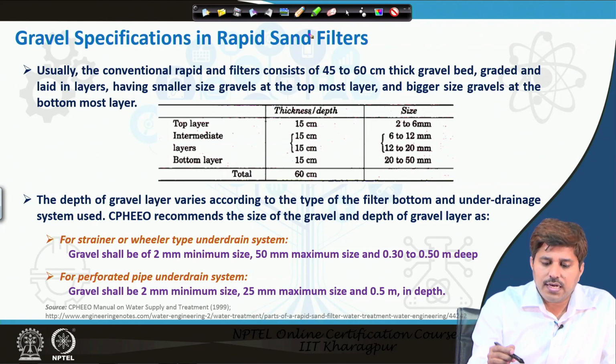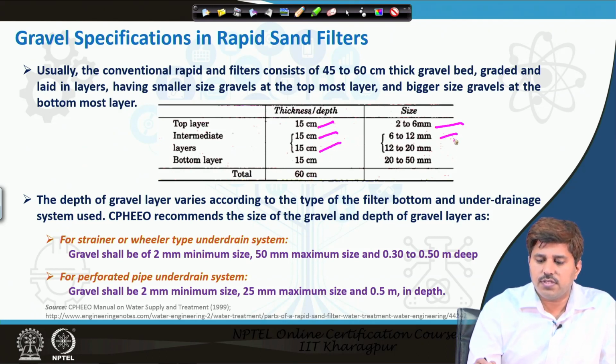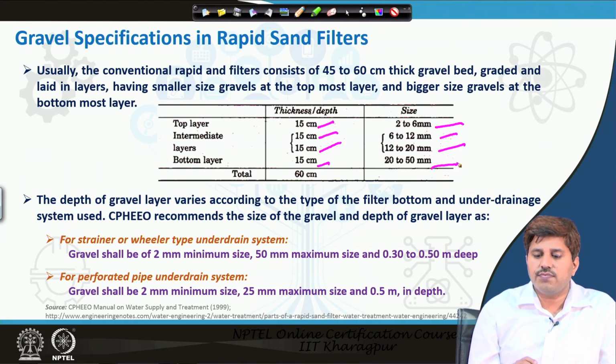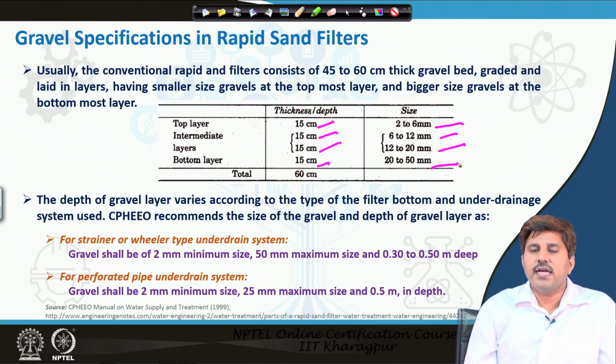A typical gradation can be like this: a 15 centimeter top layer of 2 to 6 mm size, then intermediate layers of 15 centimeters each of 6 to 12 mm and 12 to 20 mm, and a bottom layer of 15 centimeters of 20 to 50 mm gravel sizes.